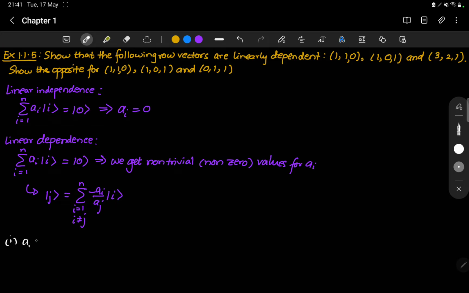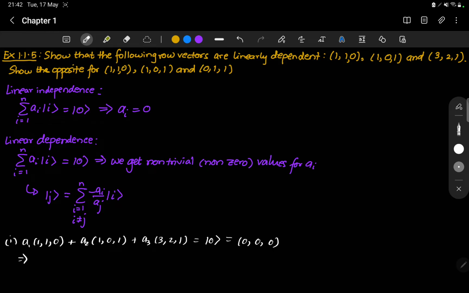So let us take a1 times the first vector plus a2 times the second vector plus a3 times the third vector, and then we set it equal to the null vector. The null vector in this case is nothing but the triplet of all zeros.